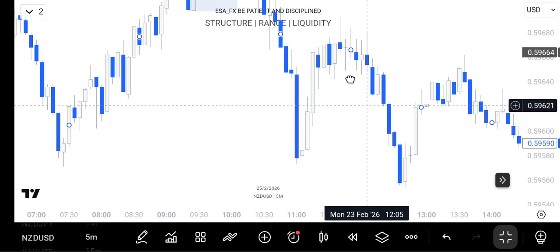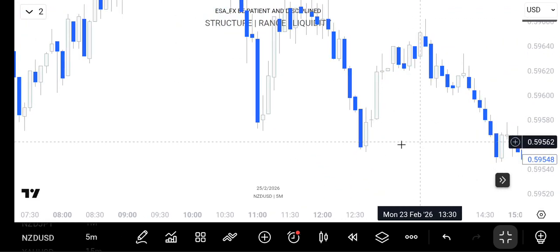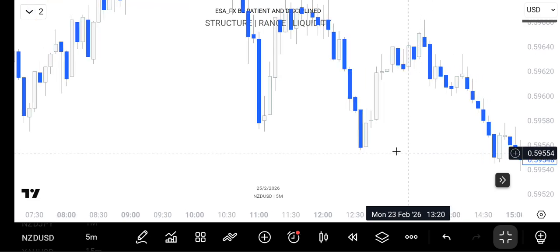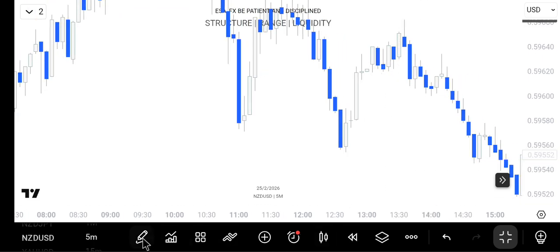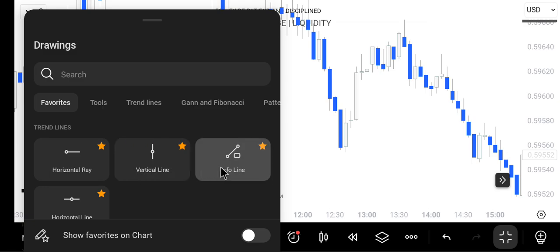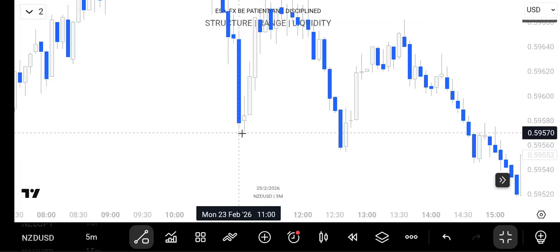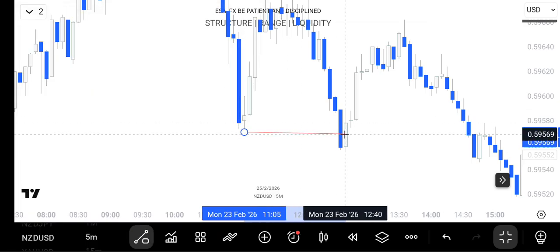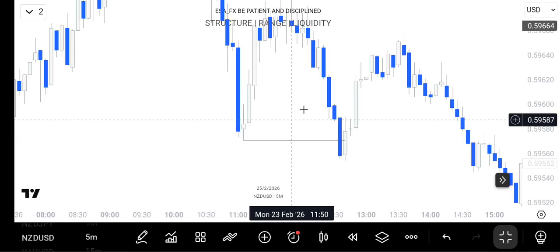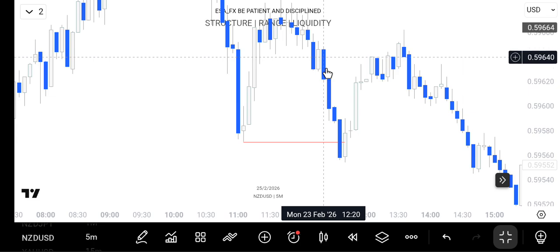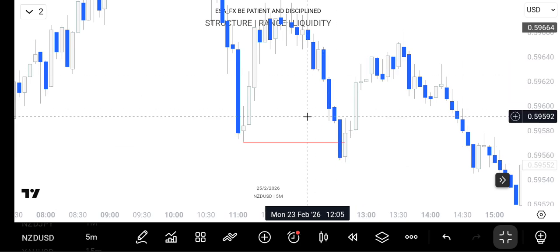Let's see more. Look at this. Now see this place here. We have this aggressive break of structure. See what candlesticks cause this break. See this aggressive move here that causes a break of structure.